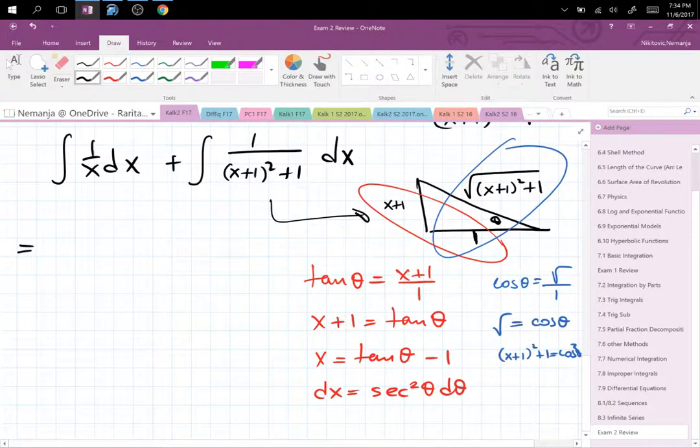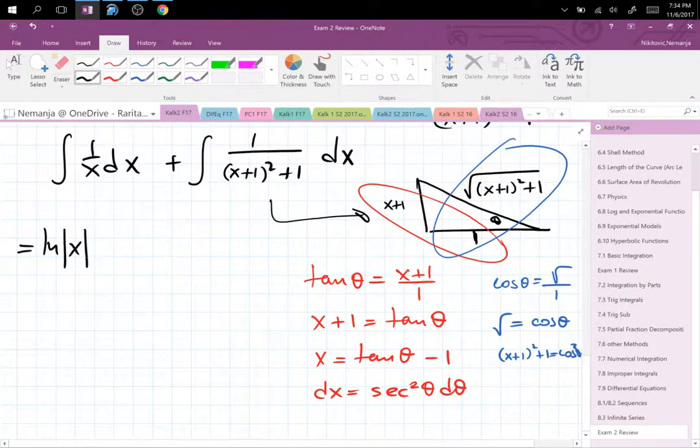What's the integral of 1 over x dx? Ah, there we go.